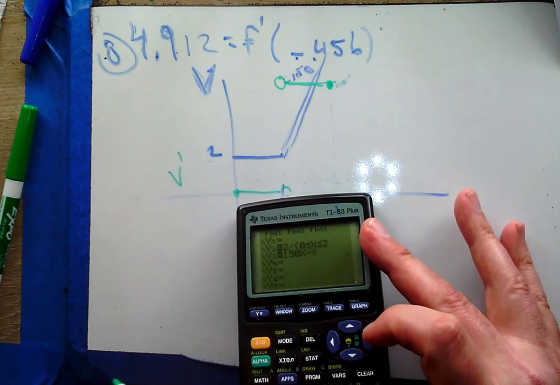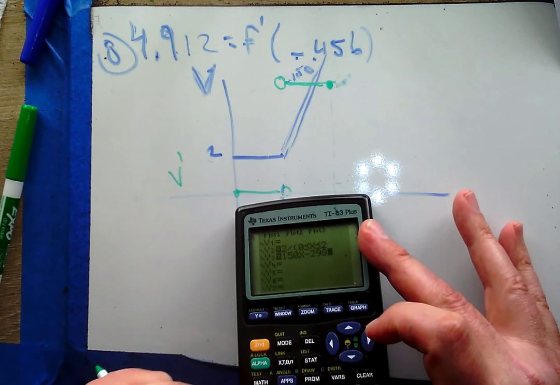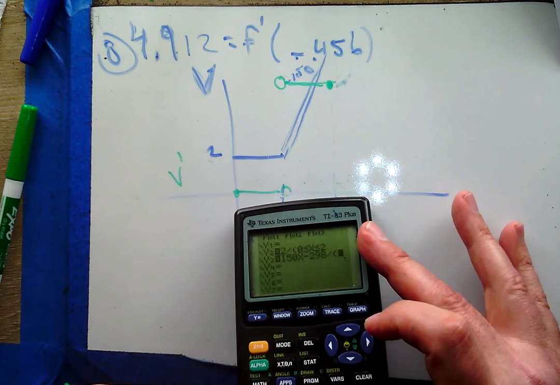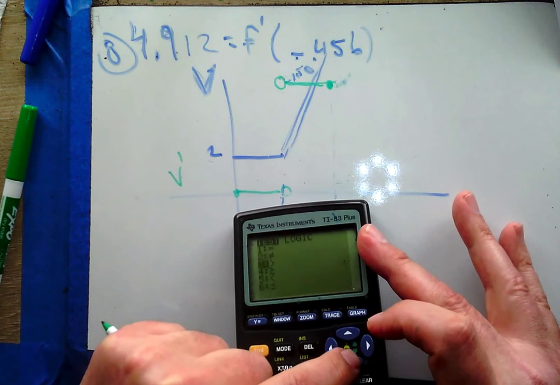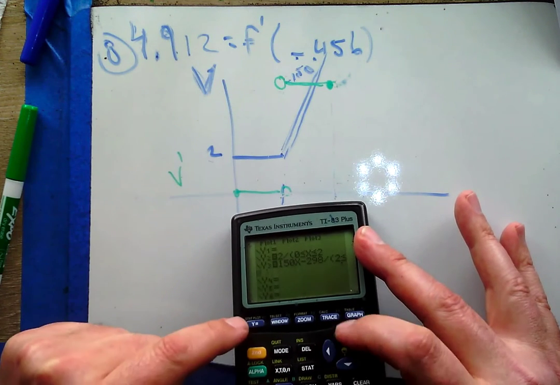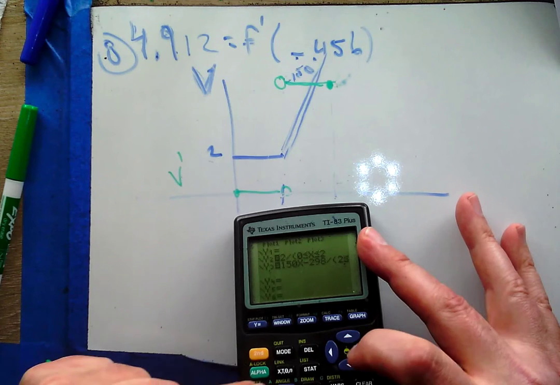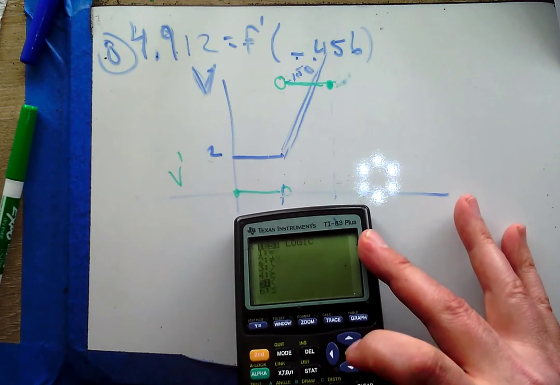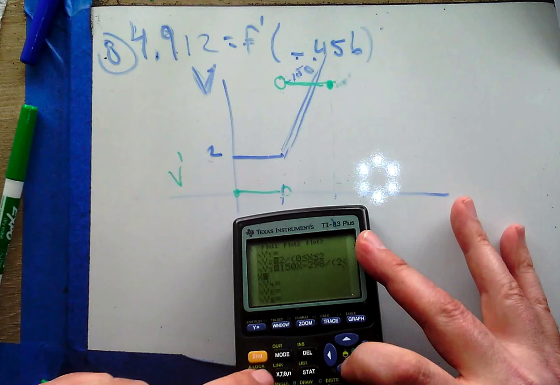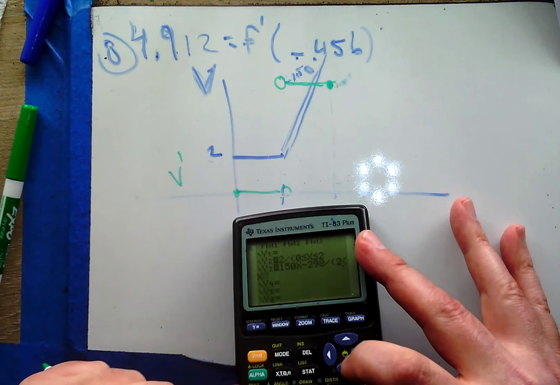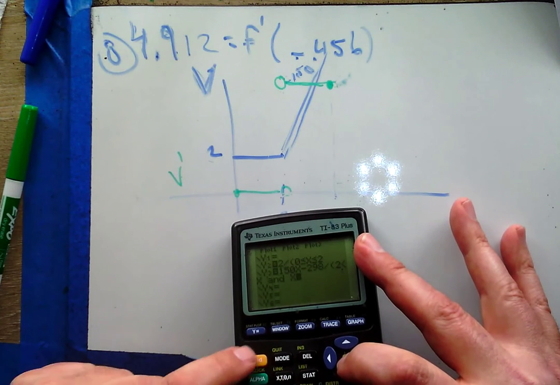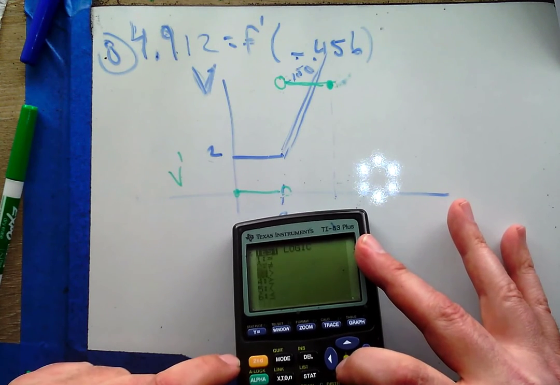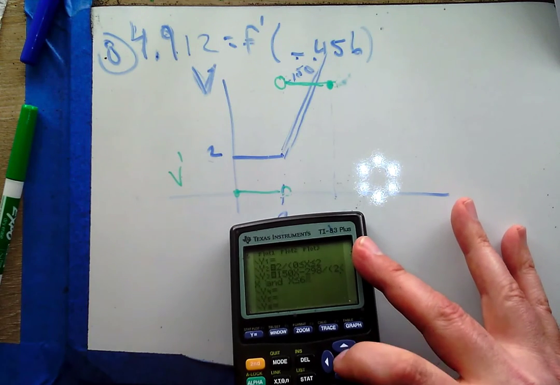150x minus 298 divided by parentheses, not 0, but 2, less than, not less than or equal to, buddy, just less than x. Oh, I forgot. We need to do and x is less than or equal to 6.